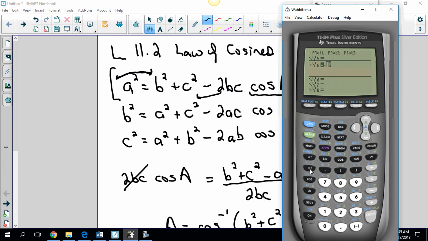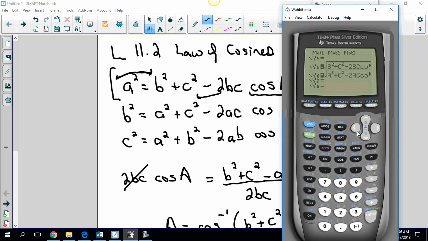Square root alpha b squared plus alpha c squared minus 2 alpha b alpha c cosine alpha a. Scooch. Square root alpha a squared plus alpha c squared minus 2 alpha a alpha c cosine alpha b.